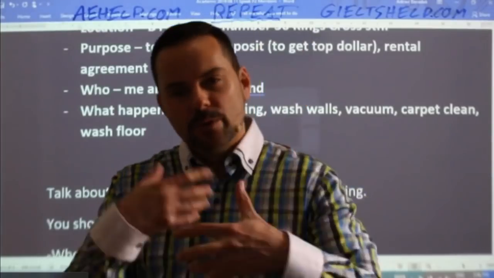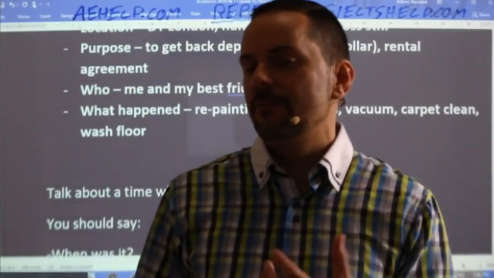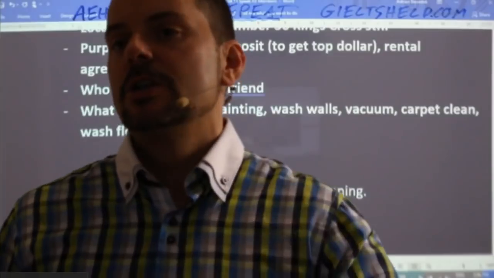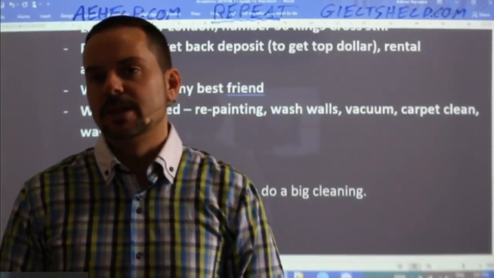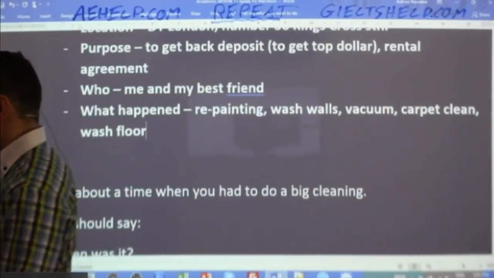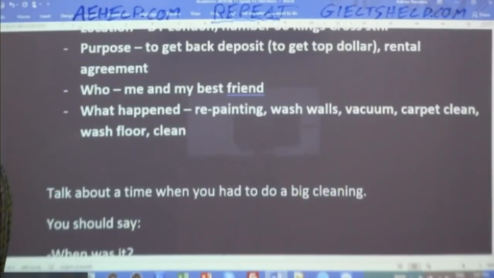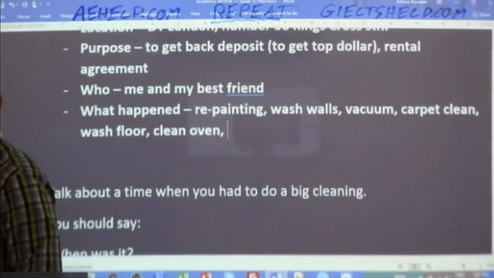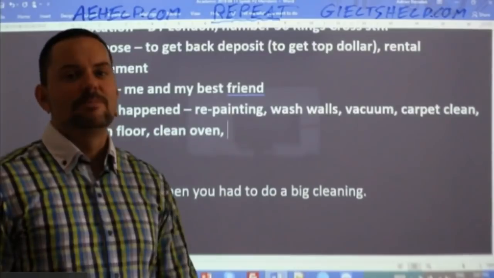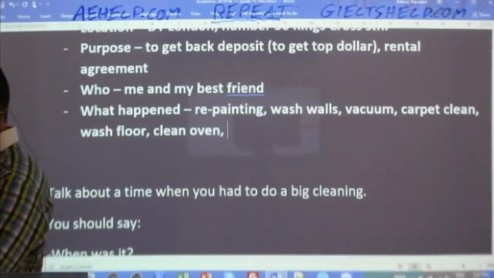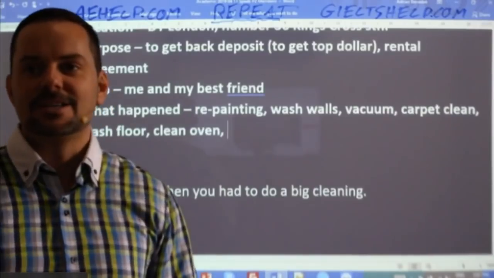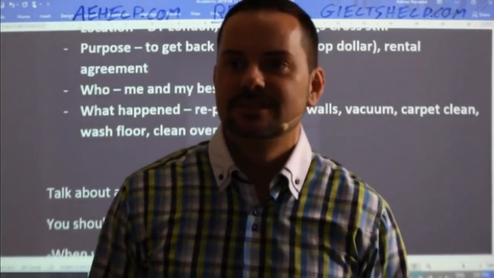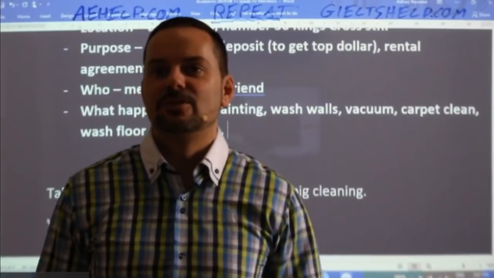So this is where you really want to visualize, and you only have 1 minute to prepare your notes, so you probably won't have time to write it all down, but you want to think about as many as possible here. One I know that people have to do at that time is clean the oven, right? Scrub clean the oven. What else do you have to clean when you move that you don't necessarily have to do otherwise?